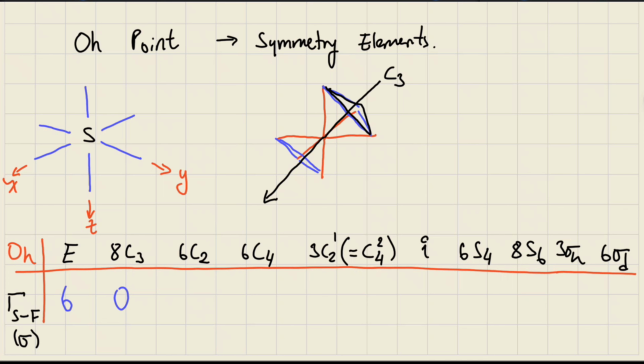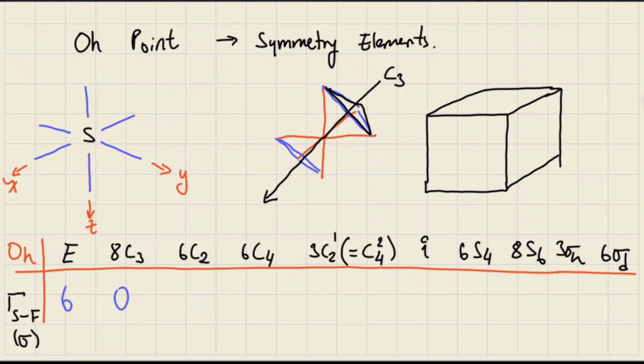And we have a C2 axis. Seeing C2 is also a complicated one. To do that, I will draw a cube, and I will put the molecule inside this cube. So ligands are on the center of the faces of the cube, and we have a central atom somewhere here. And the C2 axis actually passes from here to here.